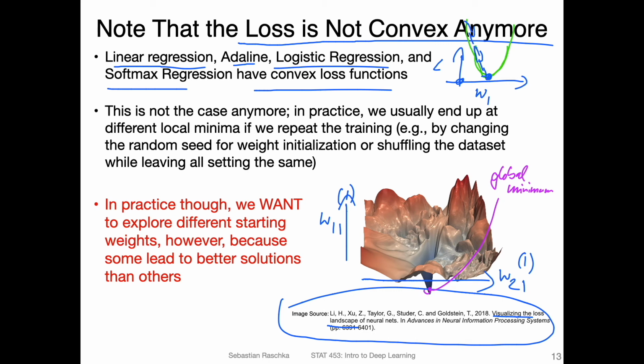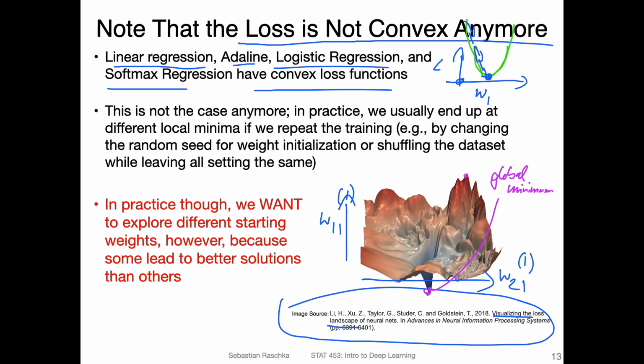Here the larger the value, the higher the loss, and the lower the value, the lower the loss. If we are at this global minimum, then we would have minimized the loss function with respect to the weights. However, depending on our starting weights, and typically in neural network training we start with small random weights, we may start here, here, or here.